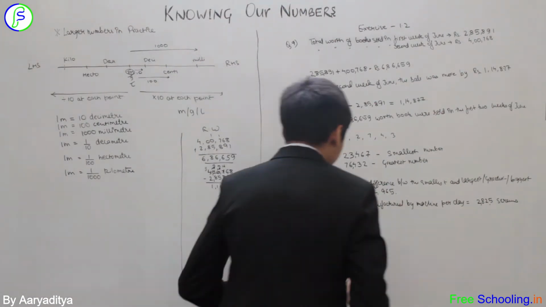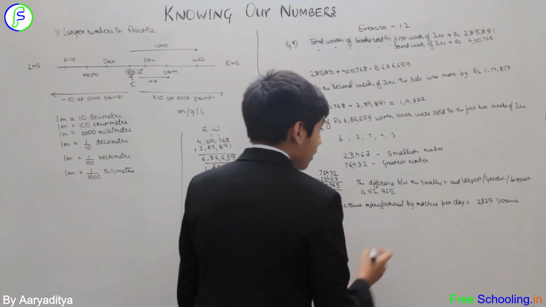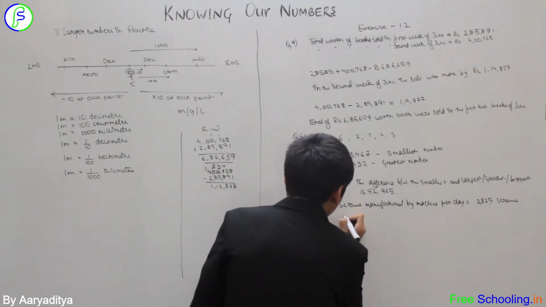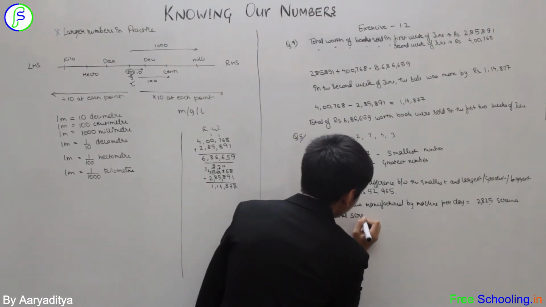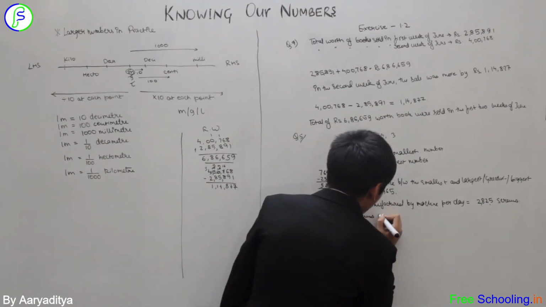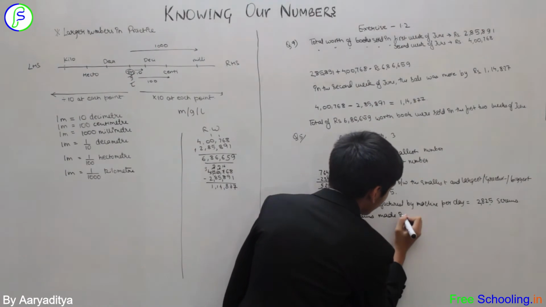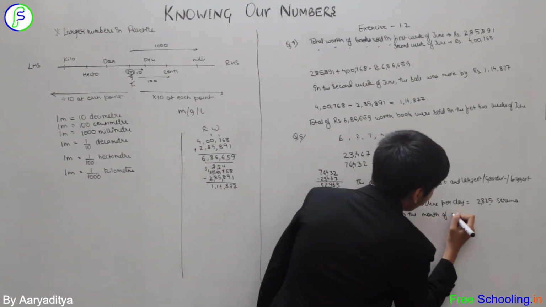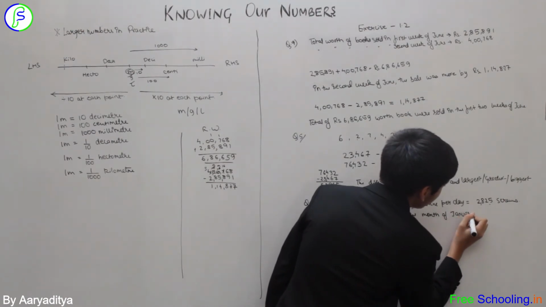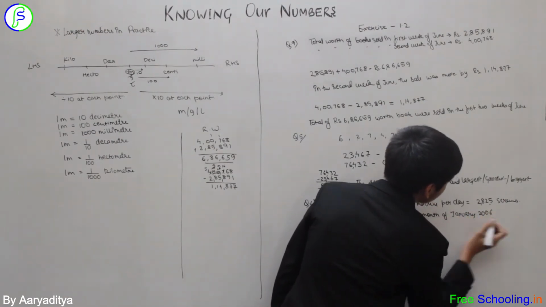Let's move on. So what do we get out here? Easy. So the total screws made in the month of January 2006.